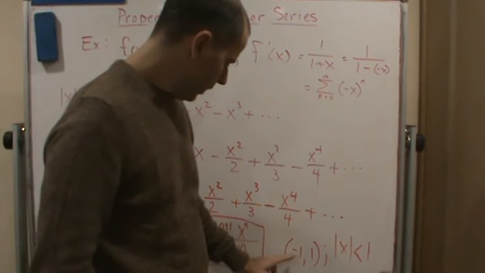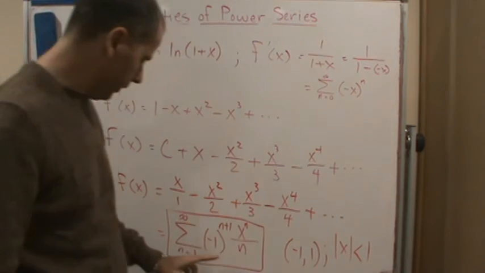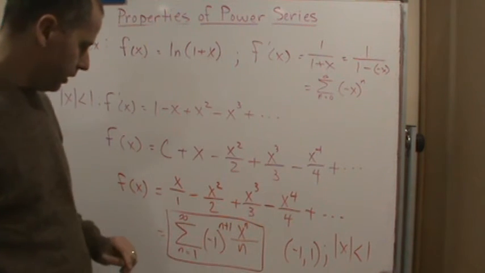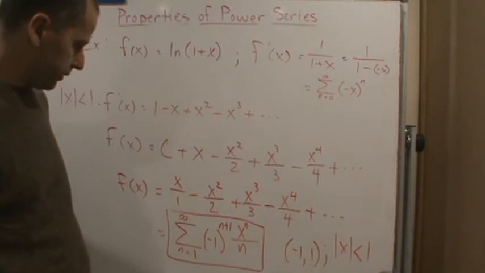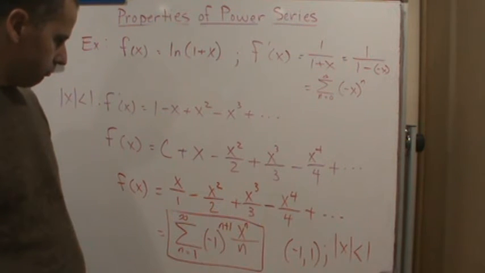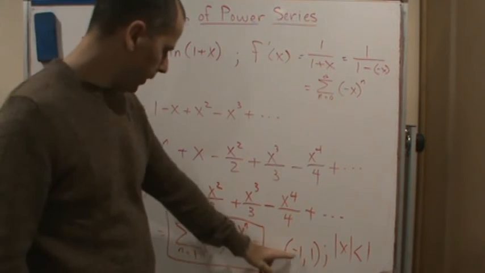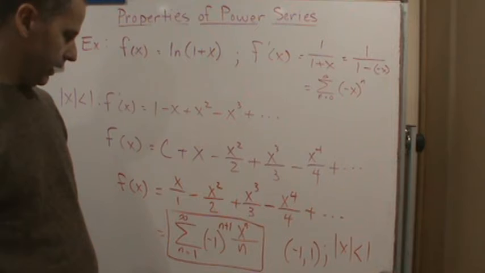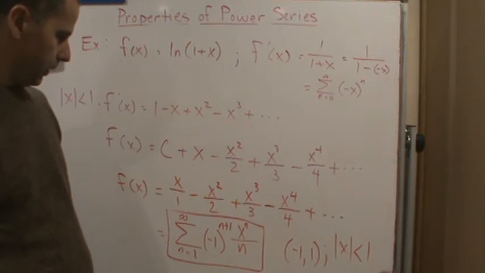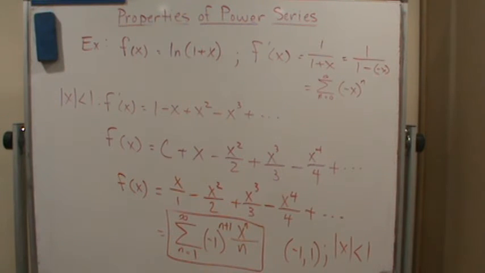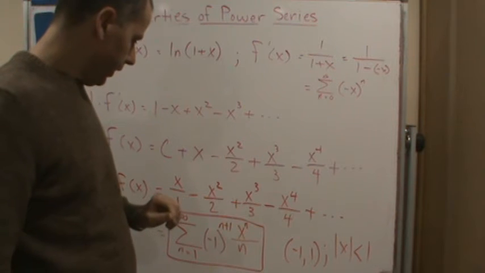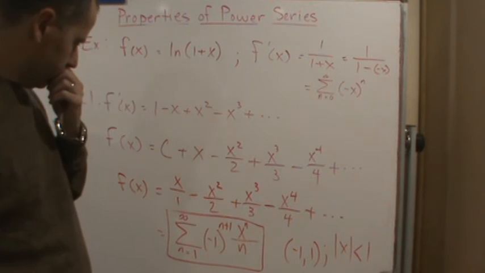So again, if we plug in -1 for x, we get the harmonic series. No, I'm sorry. If we plug in -1, we get the alternating series. The alternating harmonic series, and that converges, as we know. Hold on a second.